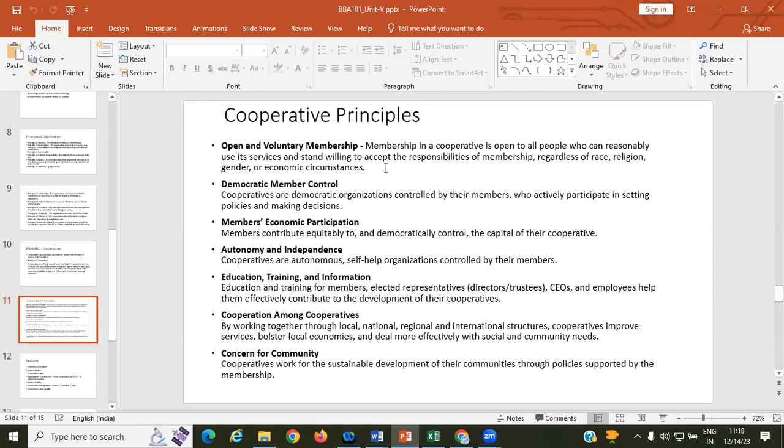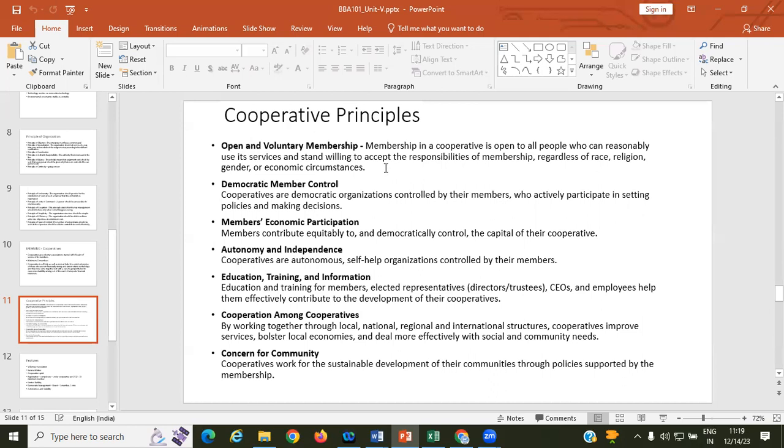Education, training, and information. These three things are required for all the members. Think about a member of the society who is not aware of the objective or what you want to do. What is the purpose of the society? Why did you form that society? That awareness, that education, is required for all the members.